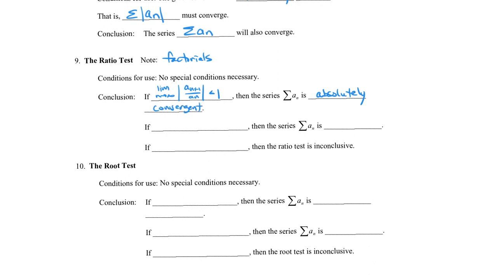Okay. If, on the other hand, the limit as n approaches infinity of a sub n plus 1 over a sub n is greater than 1 or infinity, then the series is divergent.